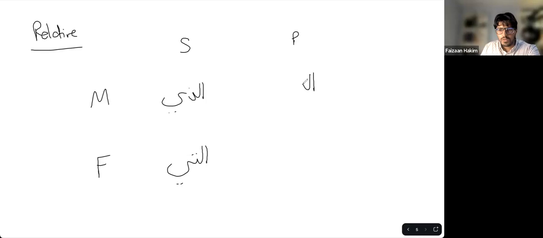Plural, الذين. There's a few plurals for feminine actually, but let's just stick to اللاتي, اللاتي. This is the most rare, the feminine one. So don't worry too much about this. But الذي, التي, الذين, we'll see this again all the time.